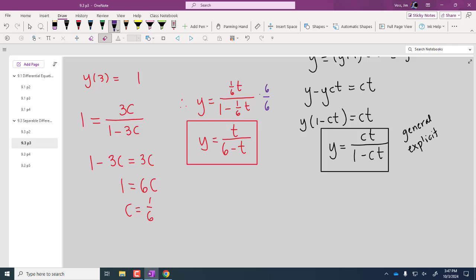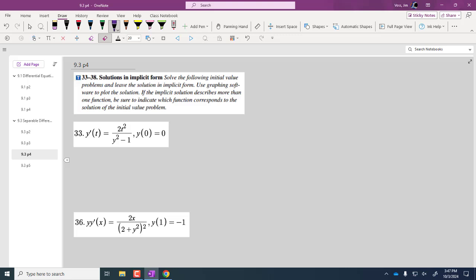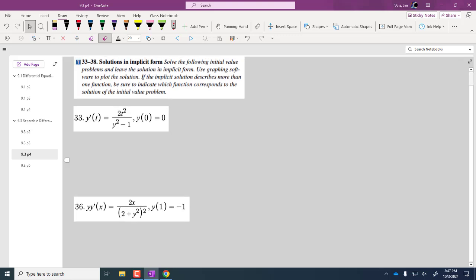All right, let's go to page 4. There are times where we cannot isolate y, and we have to be content with an implicit solution. So all the ones we've had up to now, you could find an explicit solution.